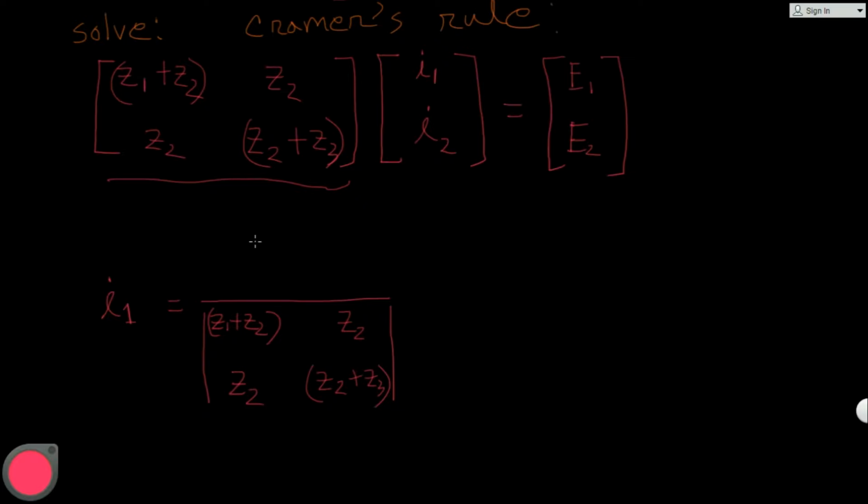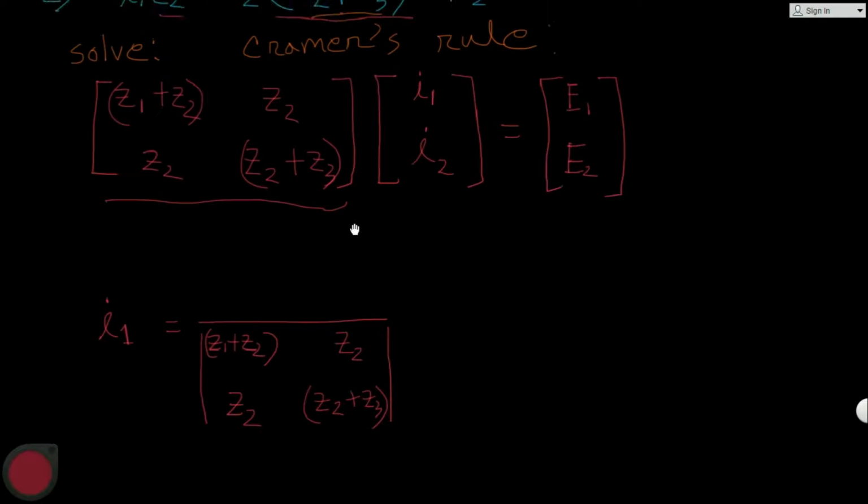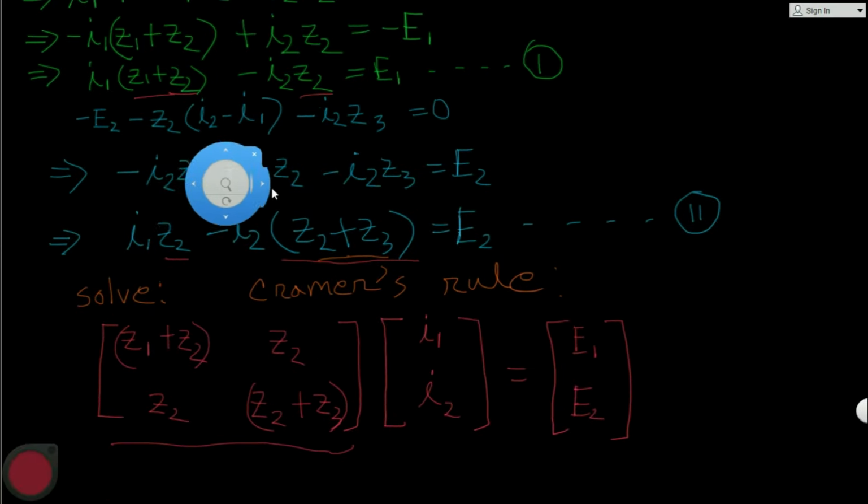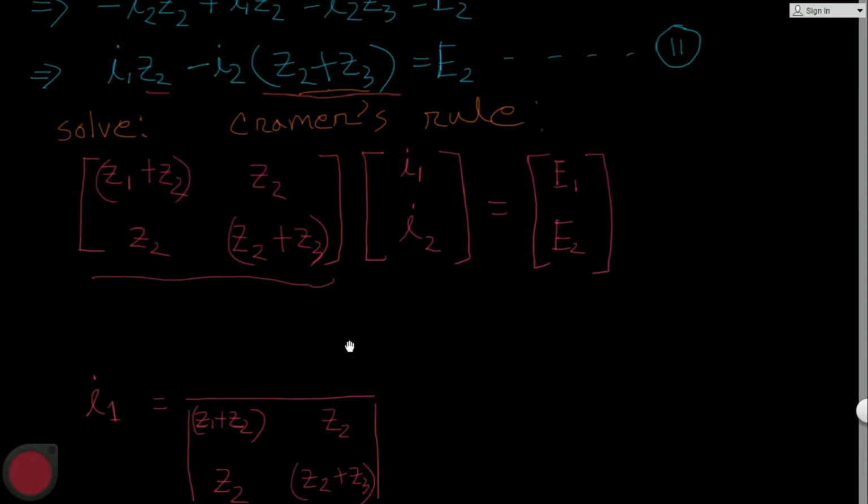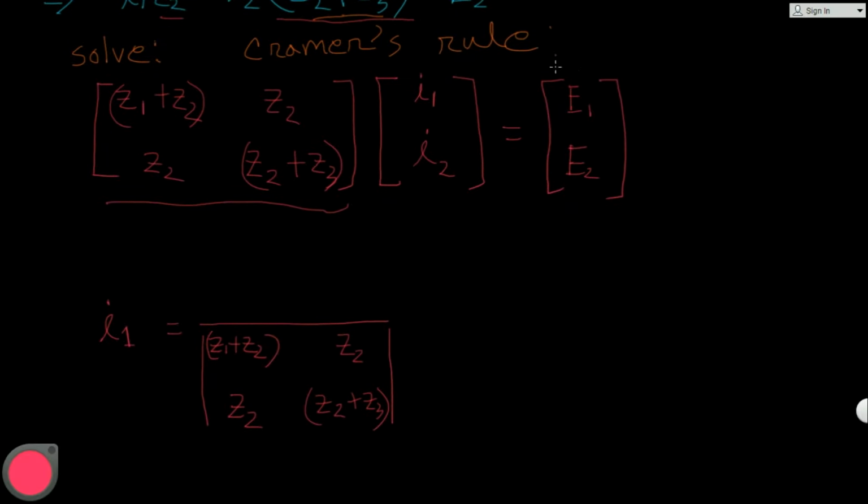and for I1 we are putting on the left side E1 values, E1 values on the left side, and the right side is as before, Z2 plus Z3.